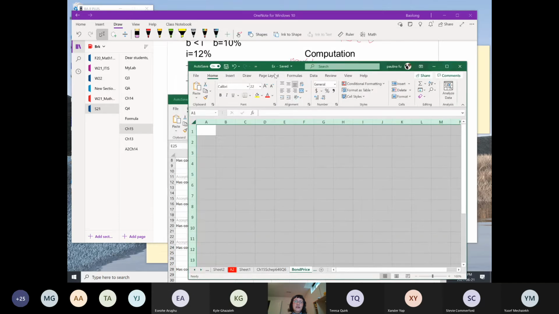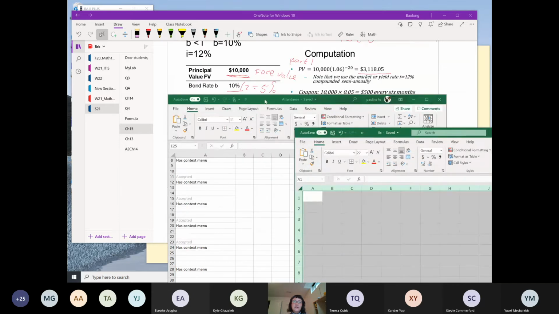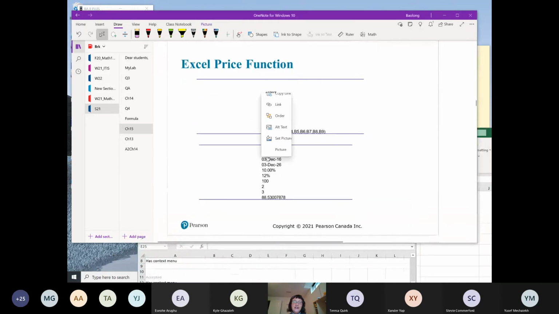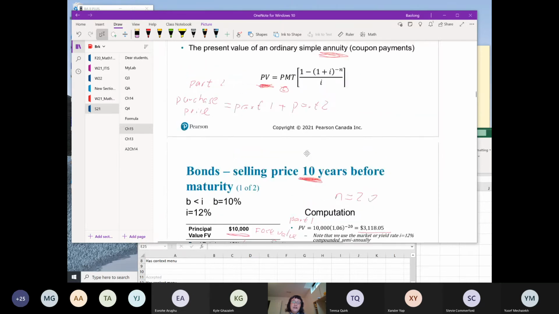So in Excel, you need to type in the purchase date and maturity date, but this example does not give you those dates. You can make up a date as long as it is a 10-year interval.